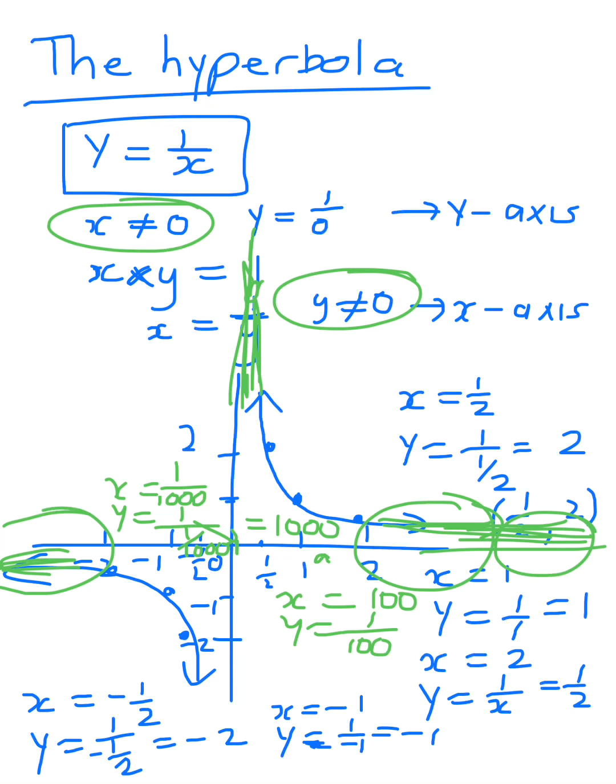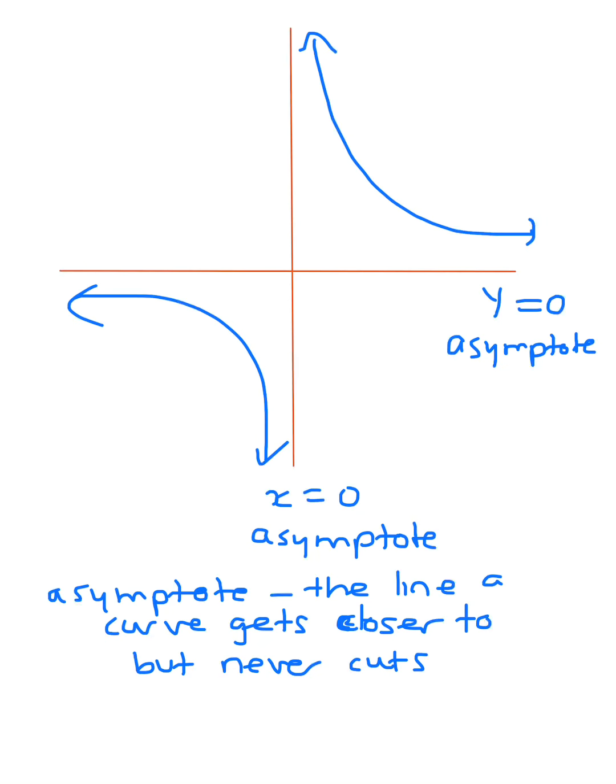These axes are called asymptotes. The x-axis is an asymptote. It's the line that the curve gets closer and closer to, but never cuts. And the y-axis is also an asymptote. So an asymptote is the line that the curve gets closer to, but never actually cuts.